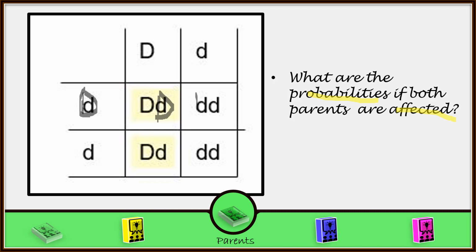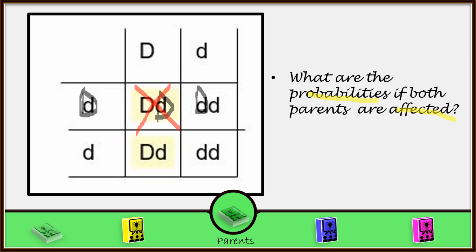This one will be capital D, small d. And here we are likely to have capital D, small d. And then here we are likely to have small d, small d. So if this one is not viable, this one cannot be produced, there is a chance of 2 out of 3 children being affected.